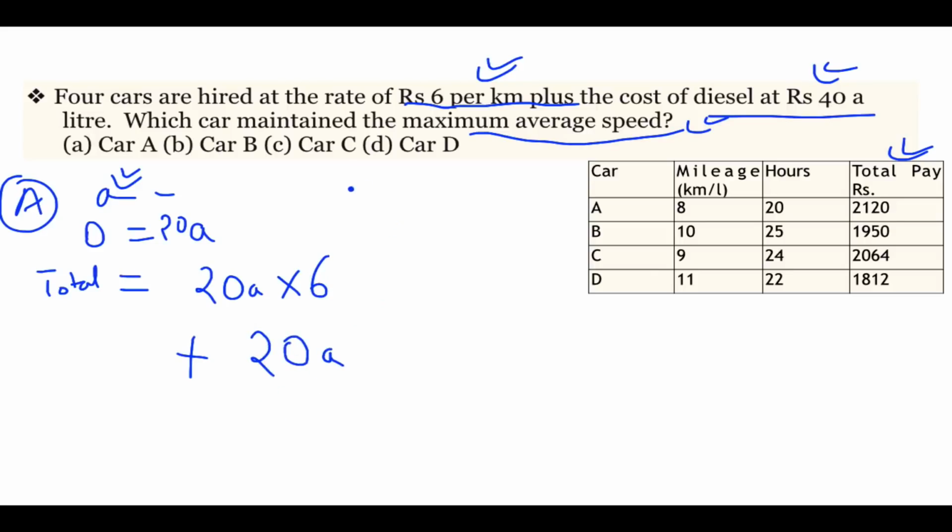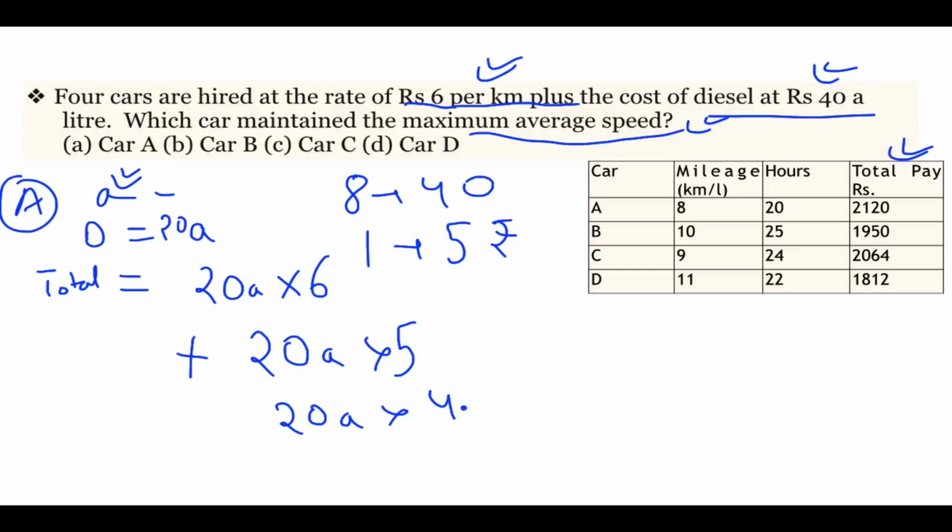Now assume here, for covering 8 kilometers in car A you pay 40 rupees, so for covering 1 kilometer you pay 5 rupees, and for covering 20A kilometers you will pay 20A into 5. Is that understood? So the formula will be 20A into the fixed cost, that is 40 rupees per liter, divided by mileage.